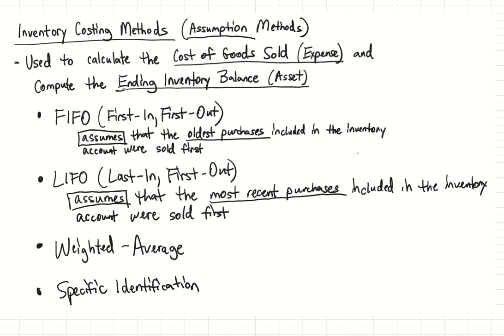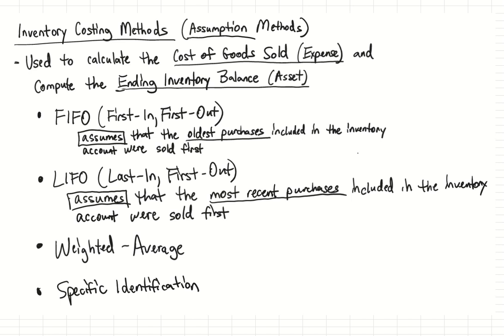So they may purchase 1,000 items for a certain amount, or 500 items for a specific amount. But since they're purchasing these items in bulk, you don't necessarily know how much each item costs. One item can cost $20, another item can cost $5, another item can cost $100, and then another item can cost $10. They can vary.